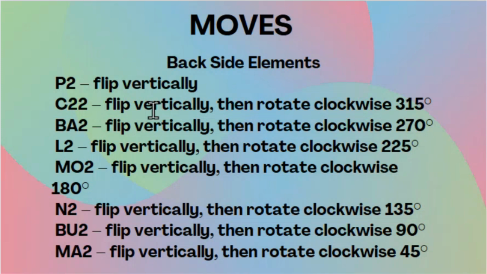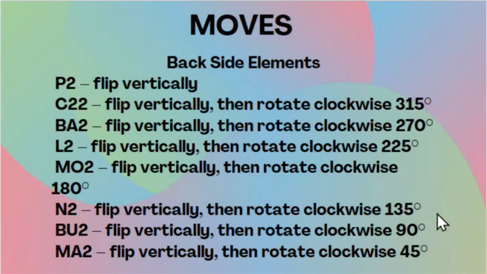For C22, we need to flip vertically, then rotate clockwise 315 degrees. For BA2, flip vertically, then rotate clockwise 270 degrees. For L2, flip vertically, then rotate clockwise 225 degrees. For MO2, flip vertically, then rotate clockwise 180 degrees.